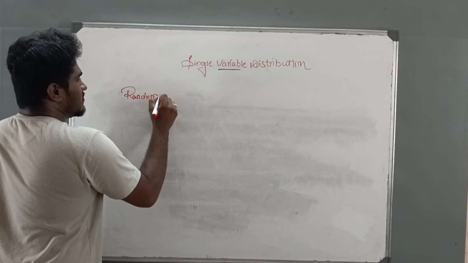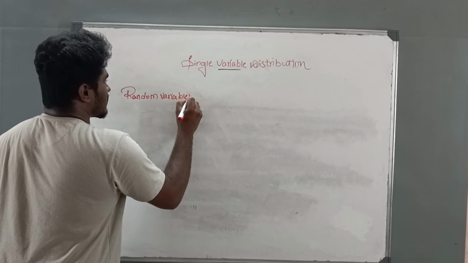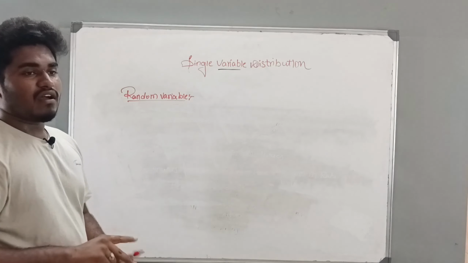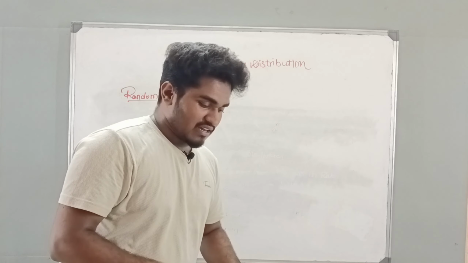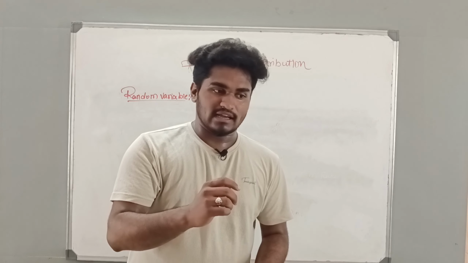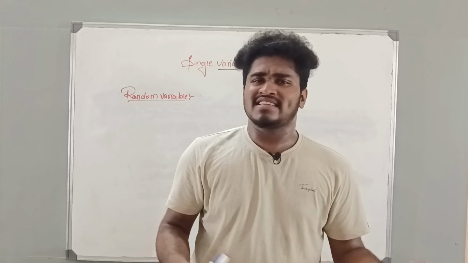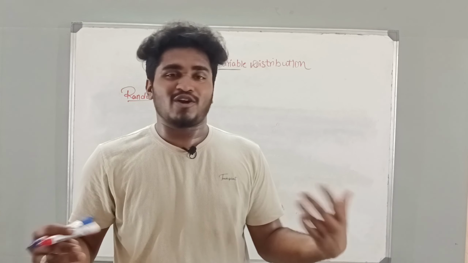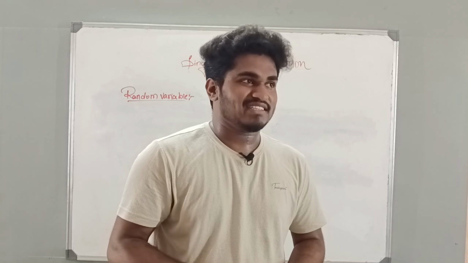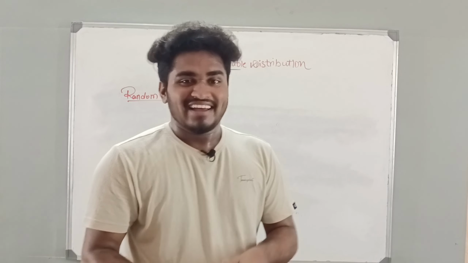So, random variable. Just now I told you that we are performing random experiments like tossing a coin and rolling a dice, right? So it might give random values. For example, if I want a 6, it is not necessarily going to come, right?